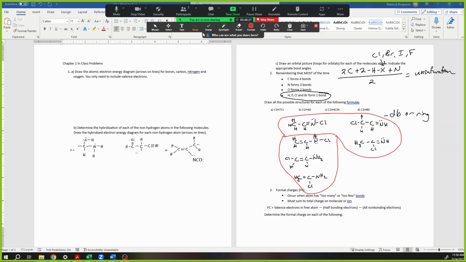Now, another option we have is moving where the nitrogen is. We could put the carbon and then the nitrogen and then the carbon. Where should we put our double bond?